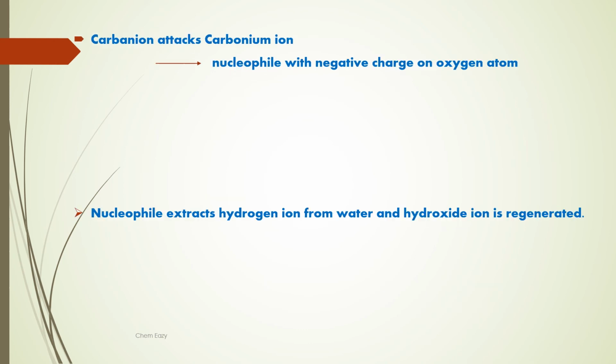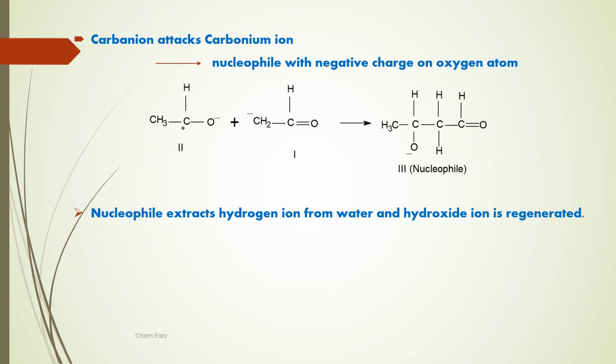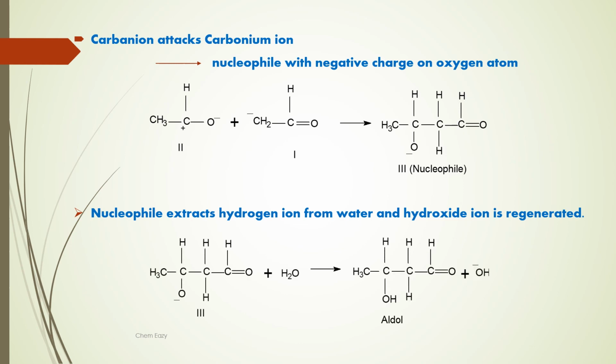In step 3, the carbanion produced in step 1 attacks the carbonium ion produced in step 2. By this attack, a nucleophile with a negative charge on the oxygen atom is produced, which is given as structure 3. In step 4, this structure 3 extracts a hydrogen ion from water and hydroxide ion is regenerated.